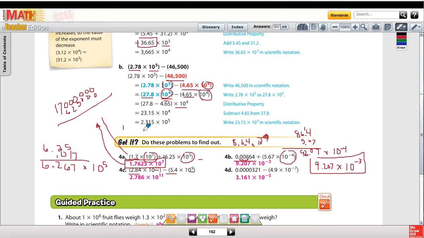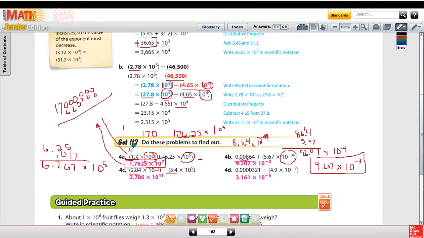So would it be 170 times 10 to the 5th and 6.25, 176.25 times 10 to the 5th.